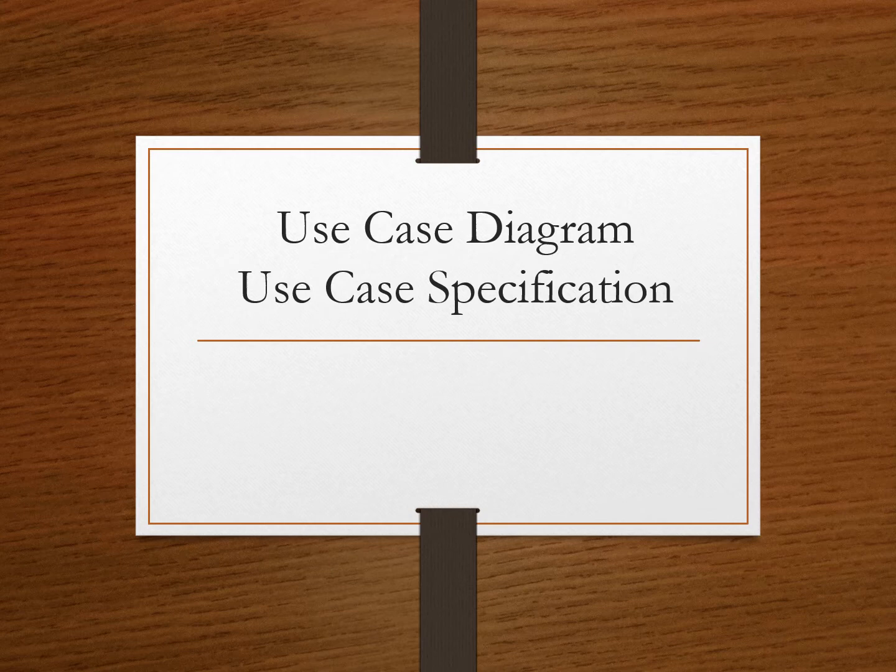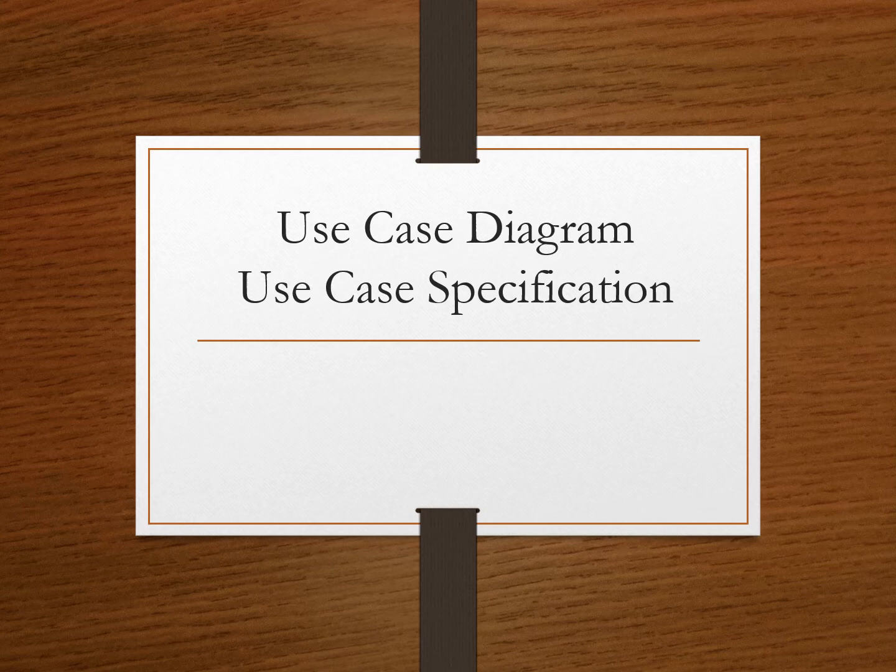Today I'm going to cover use case diagram and use case specification. Use case diagram is the visual part, whereas the use case specification is the reporting part. Because the use case diagram is so simple, you need to capture some of the steps in greater detail, what are the data involved.